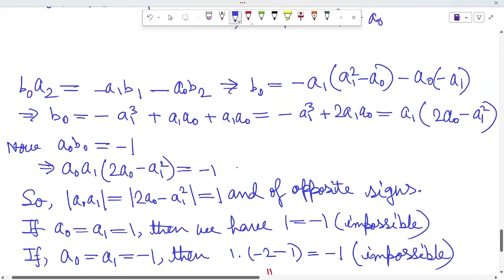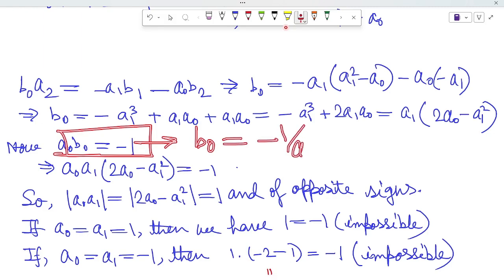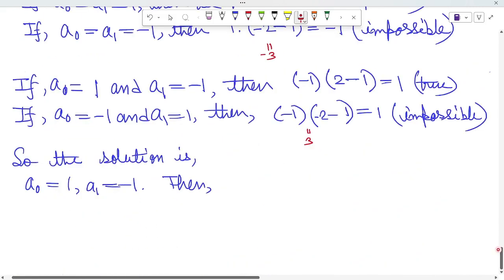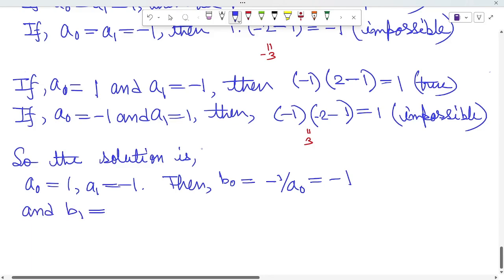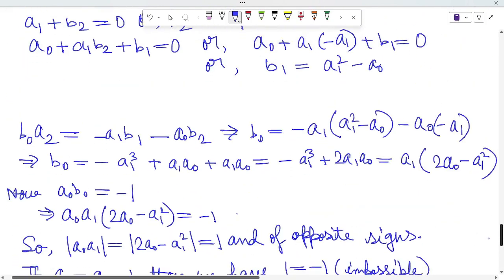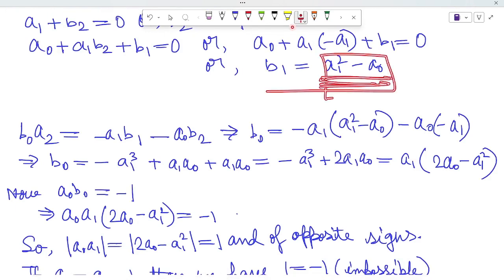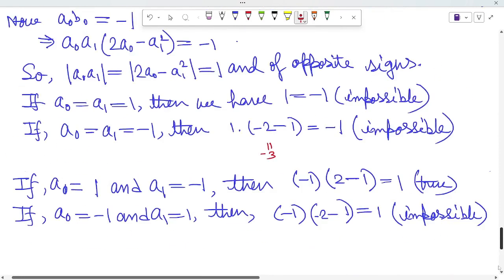B0 is minus 1 by A0, so B0 is minus 1. And B1, what about B1? These two are the same, so B1 will be 0.